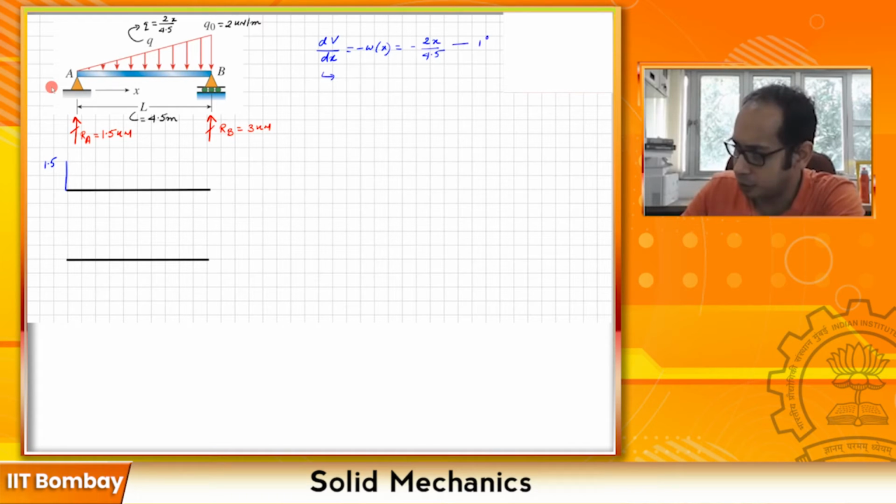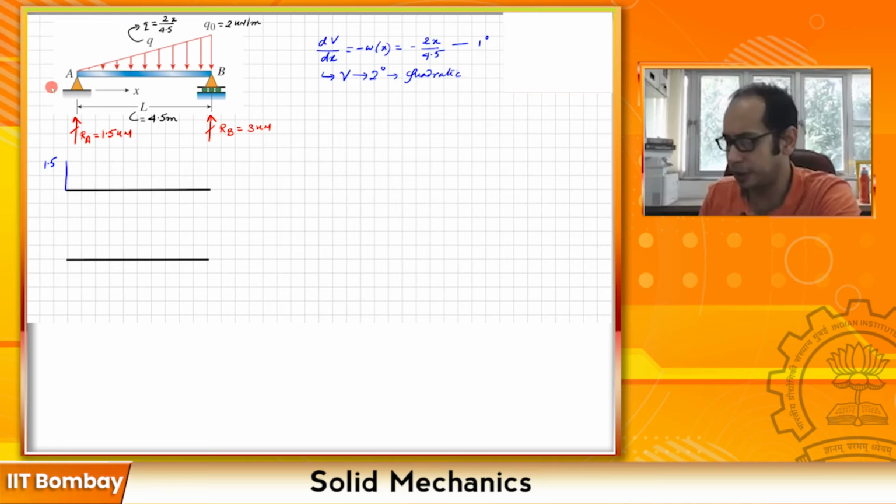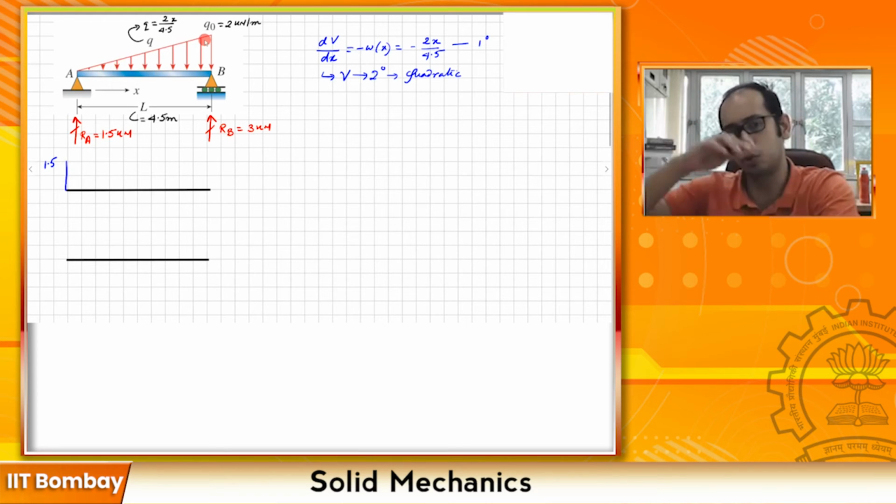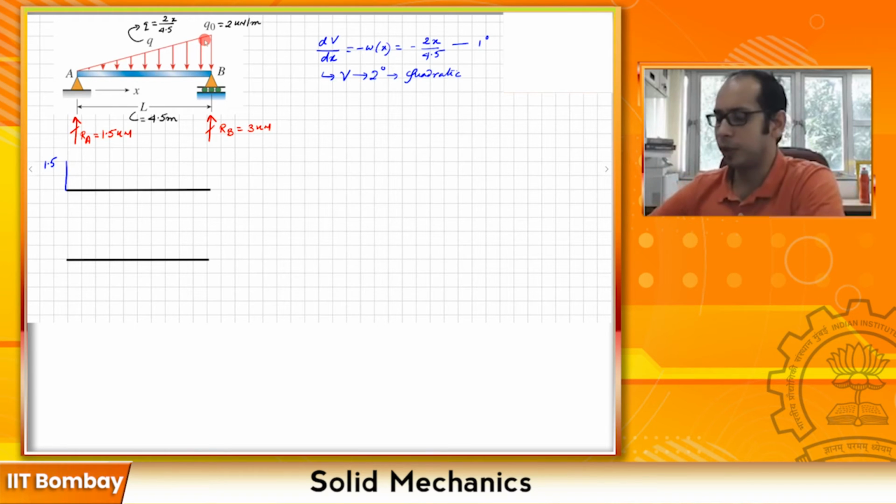That tells you that V is going to be degree 2, so V is going to be quadratic. So you have a quadratic variation from A to B, because this linearly increasing load spans the entire beam.